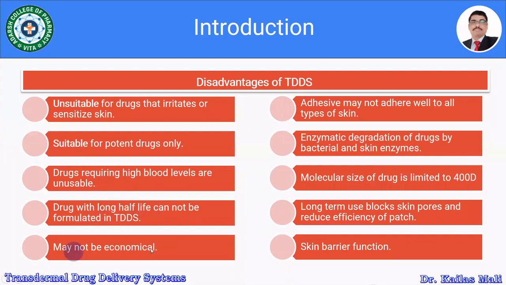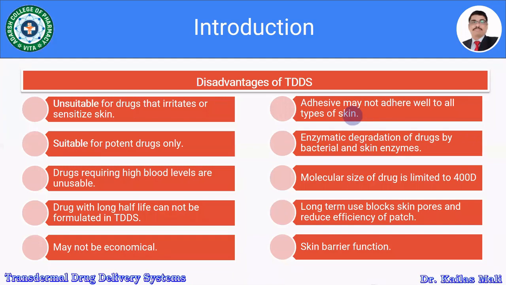It may not be economical. Maybe the cost of TDDS formulation or transdermal patch is on a higher side than the conventional formulations. Sometimes the adhesives may not adhere well to all types of skin. Depending on the type of skin, the secretions are going to change, isn't it?